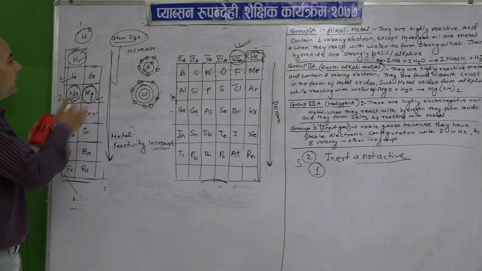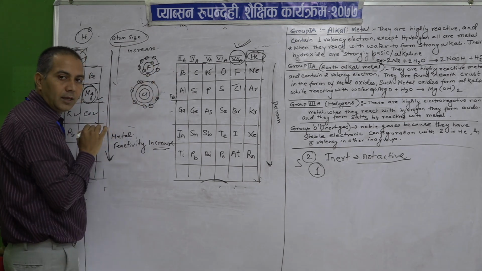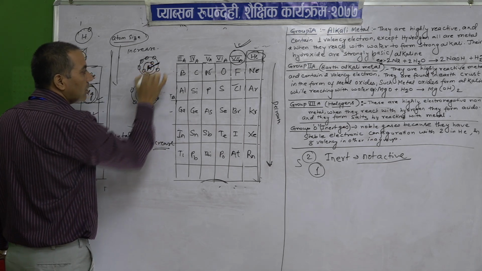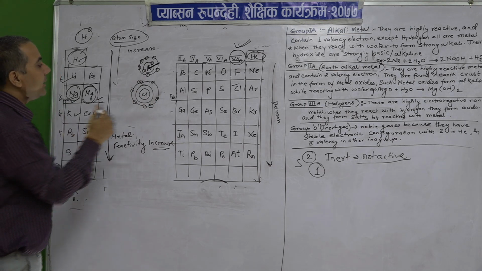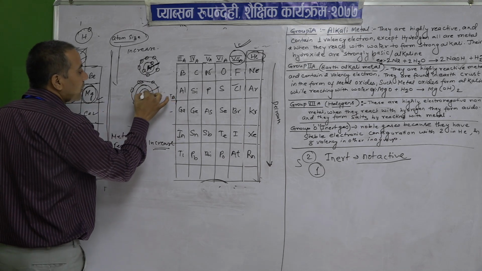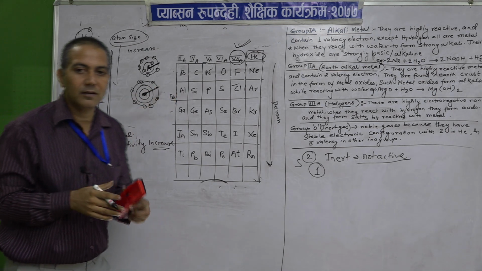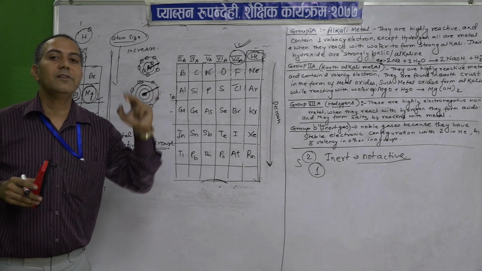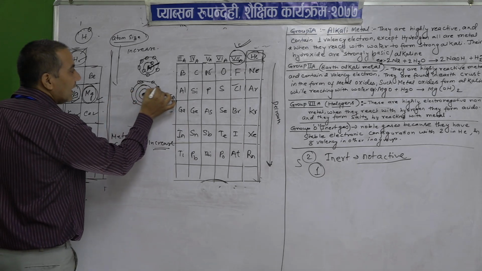That means fluorine has 2 shells, so it is near to the nucleus. So the force of the nucleus will be more, whereas chlorine has a third shell. So the atomic radius increases, due to which the force from the nucleus on the valence electron is less.